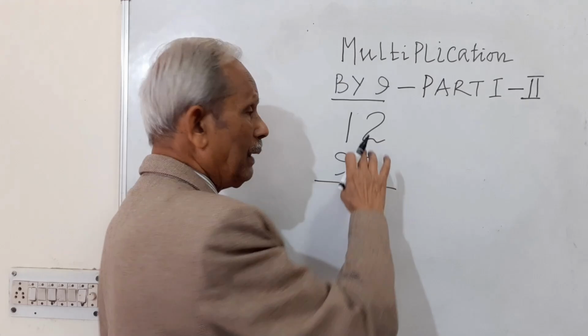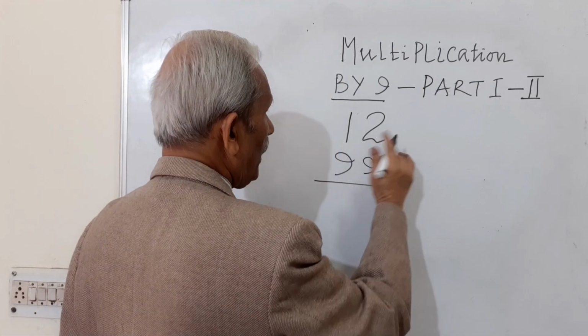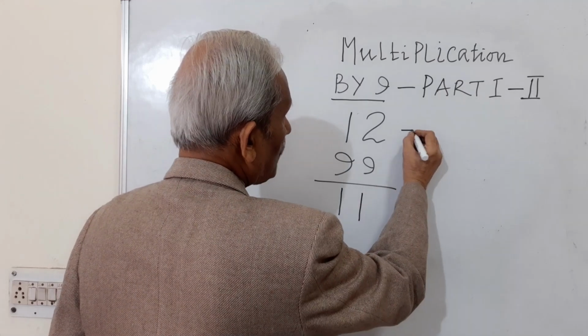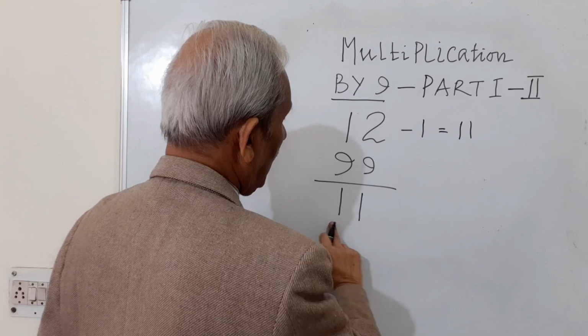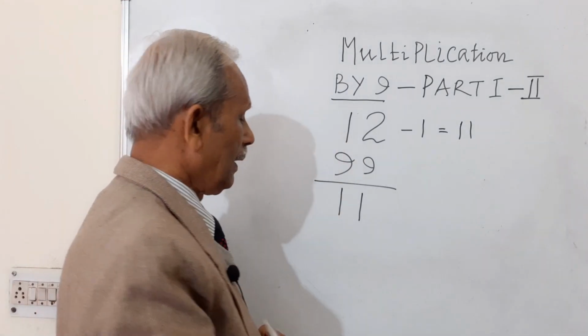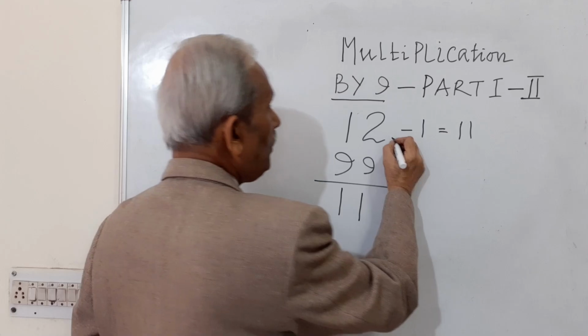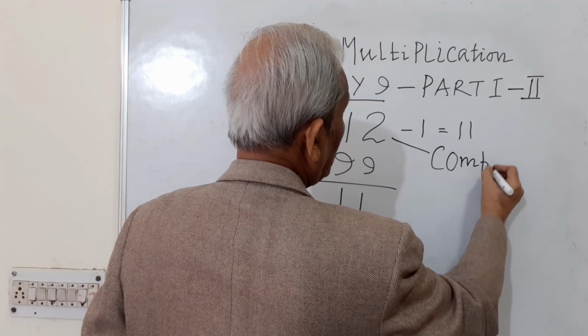The multiplicand is to be reduced by 1. So 12 minus 1 is 11. So the first part of the answer is 11. And what is the second part of the answer? The second part is the complement of this 12.